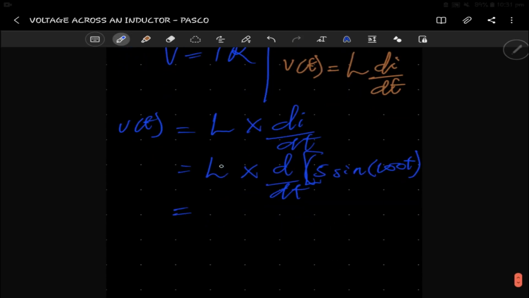We know that L was 0.2 Henry, that was given directly. And then di/dt means we have to find the derivative of that. If you have to do it step by step manually, you have to show all this.